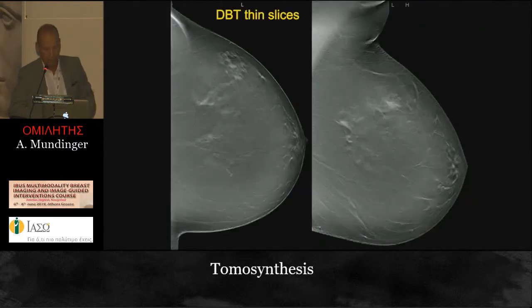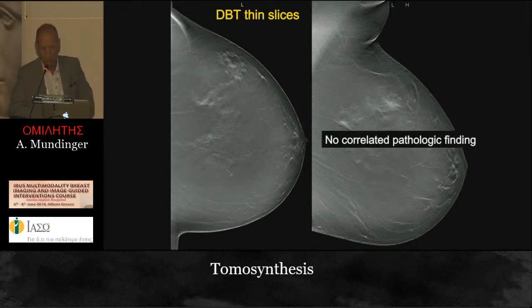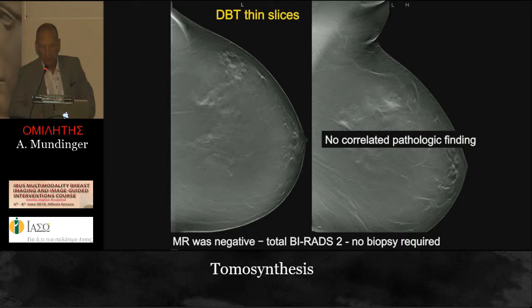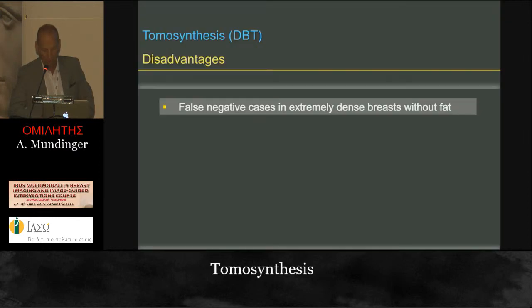So here we have DBT, and DBT synthesizers show no really suspicious finding. MRI was negative, so the total BI-RADS was reassessed as BI-RADS 2 and no biopsy was required.